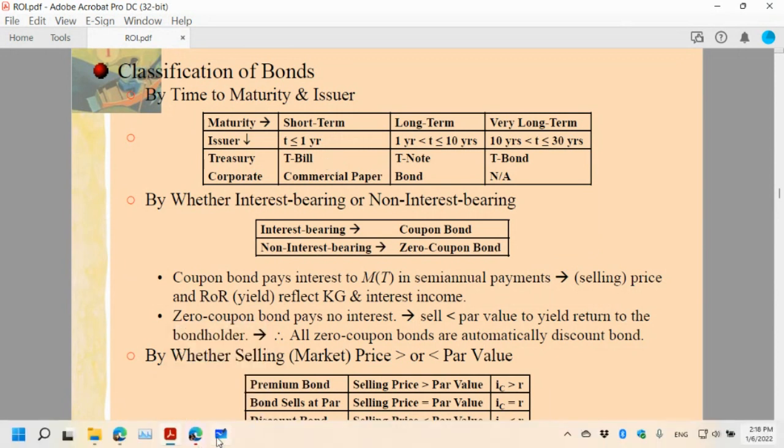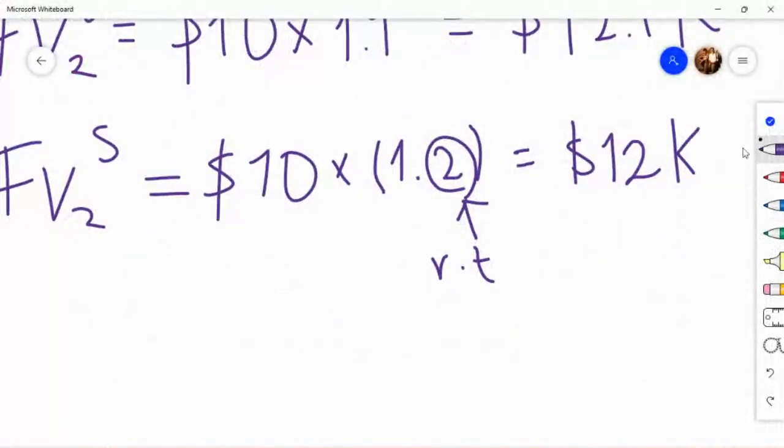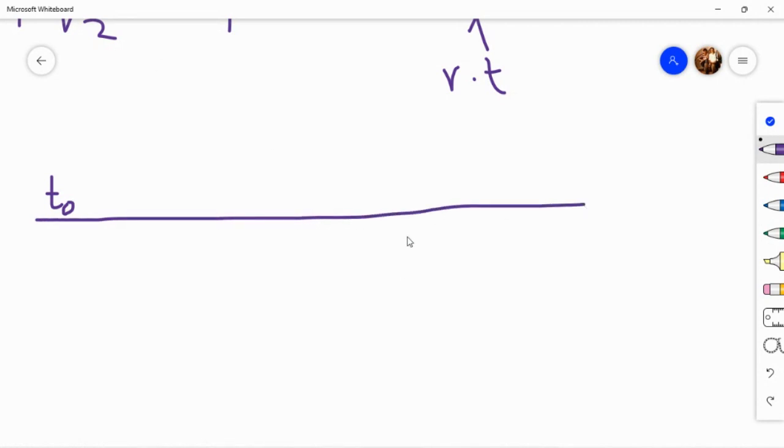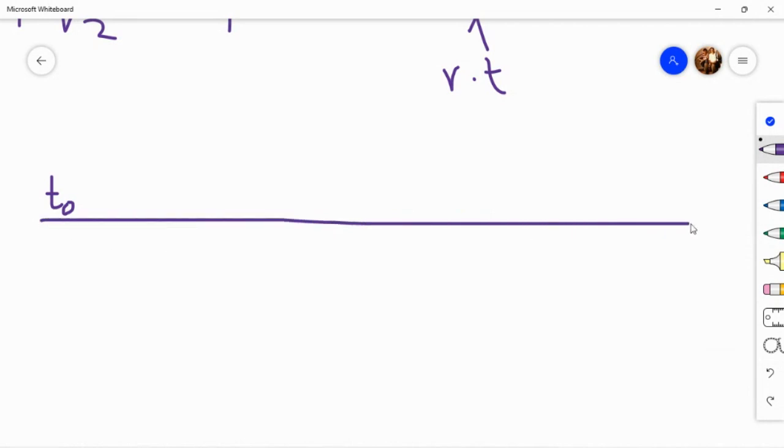In other words, at time zero, this is the timeline, time zero, time one, ten years.